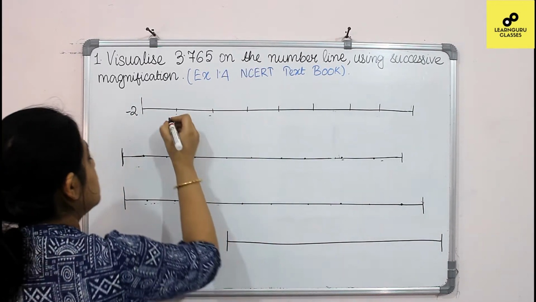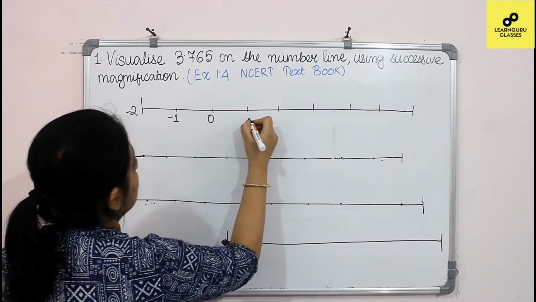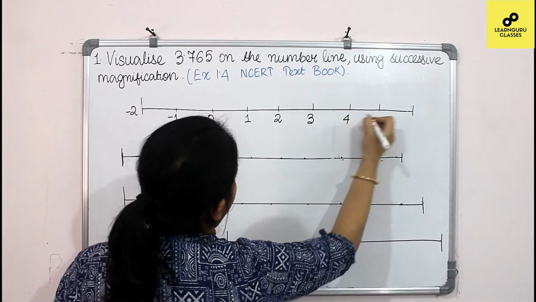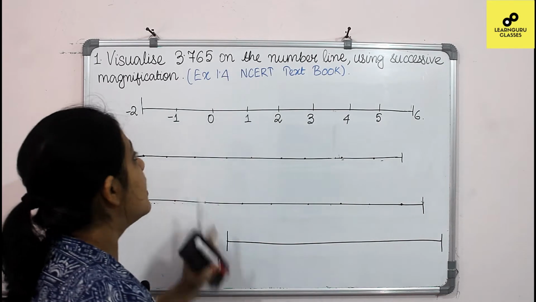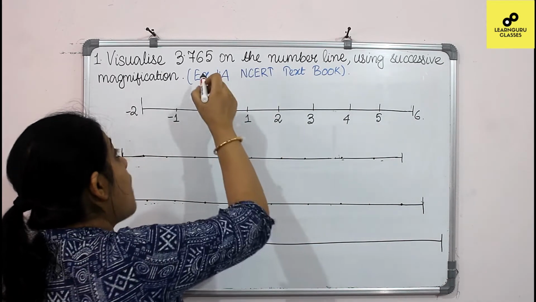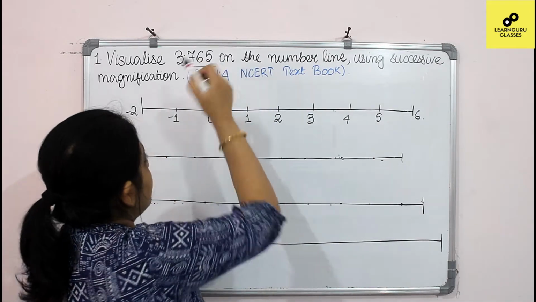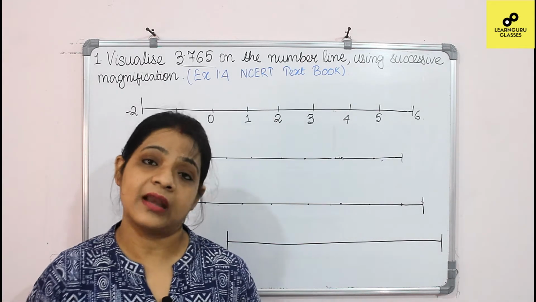So -2, after -2, -1 will come, 0, 1, 2, 3, 4, 5 and 6. Now your next job is to predict where 3.765 will lie.